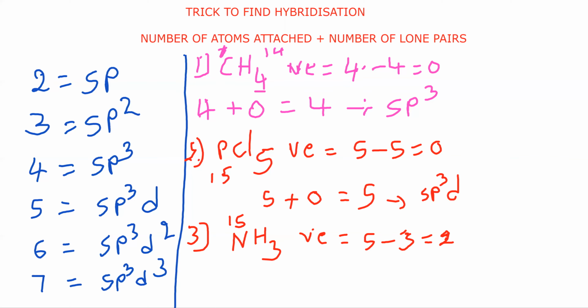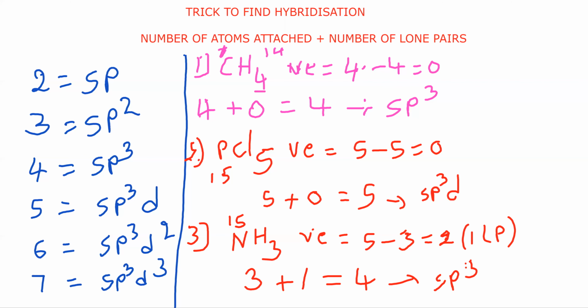Number of atoms attached is 3, plus 1 lone pair, equals 4. So 4 means sp3 hybridization.